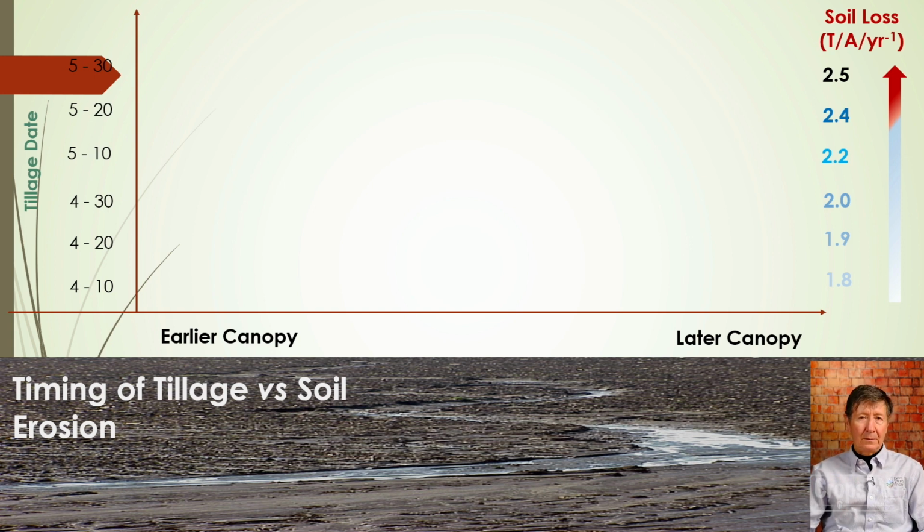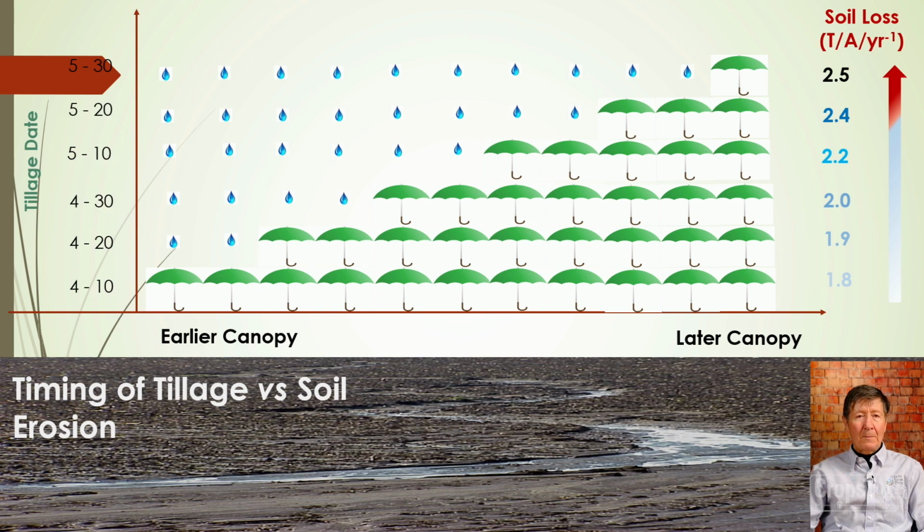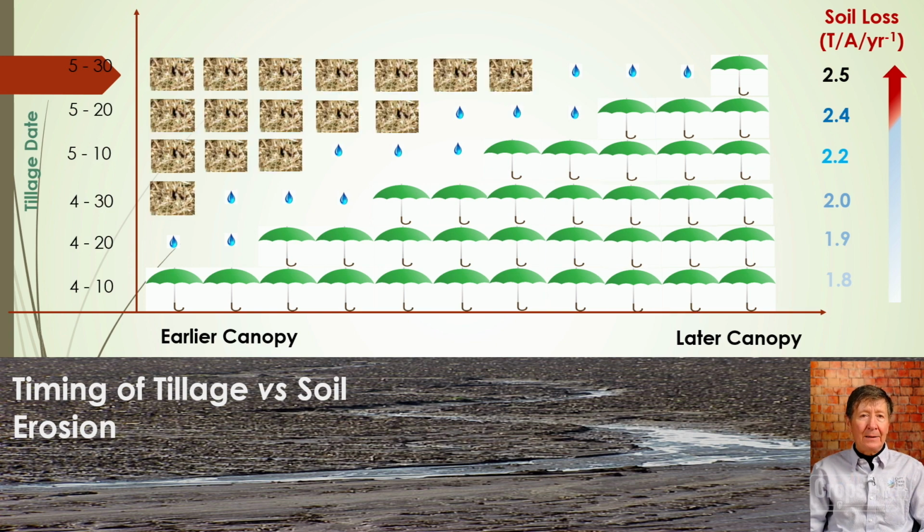Why is that? Well, in this graphic we've illustrated how the soil is being protected by crop residue and the crop canopy itself. The umbrella here represents the crop canopy. The crop residue represents residues that exist on the soil surface prior to tillage. Now tillage is not going to remove all residues, but tillage and planting by and large buries some residue.